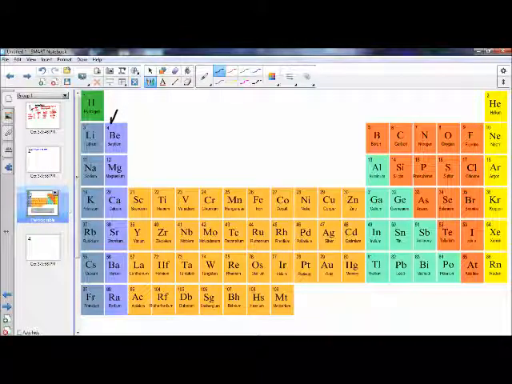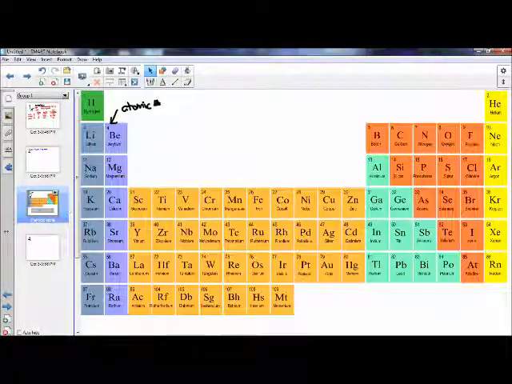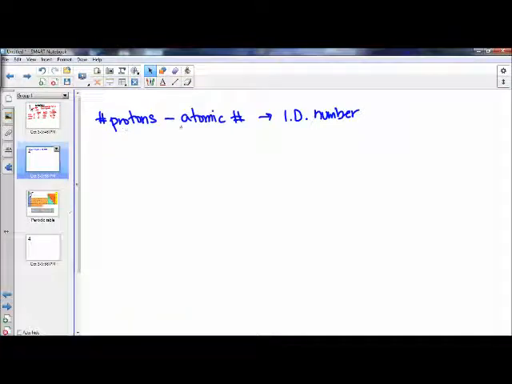And you'll notice that they go in numerical order, starting with 1 on the left. Helium is 2, 3, 4, 5, 6, 7, 8, 9, 10. Remember, this is called the atomic number. So the number of protons is the atomic number, and every element has its own number of protons. We'll come back to that in just one second.